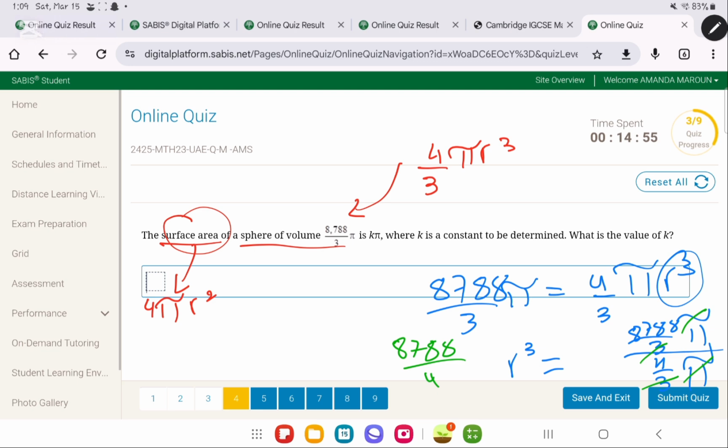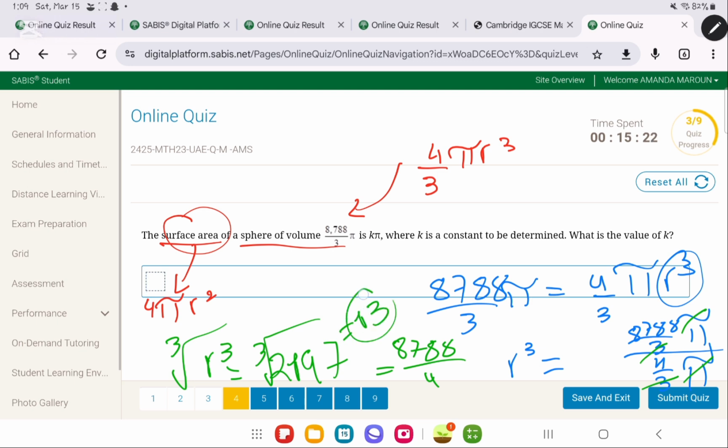Put it on the calculator and you will get an answer of 2197. So r cubed is equal to 2197. So you're gonna do the cubic root or the third root of 2197, and you will get an answer of 13. So now we found the value of r, which is the radius.